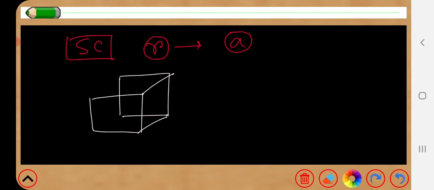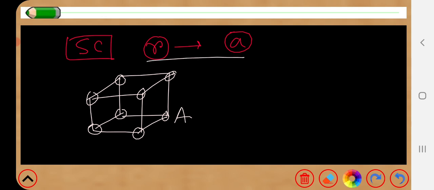Okay, this is the simple cubic structure, and if I add all these corner atoms, and then we are interested in this A atom. So first, to get this relation, we have to make this structure in the closed packed form.